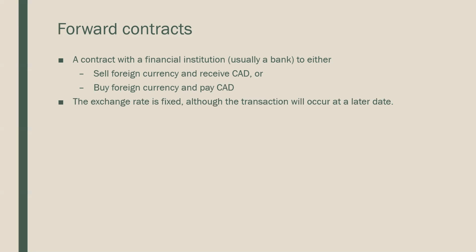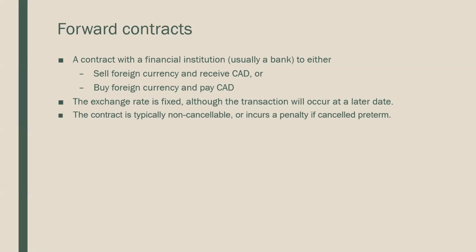The rate is agreed upon and therefore is fixed as far as the actual exchange of the foreign currency is concerned, but the transaction is set to take place at a later date.